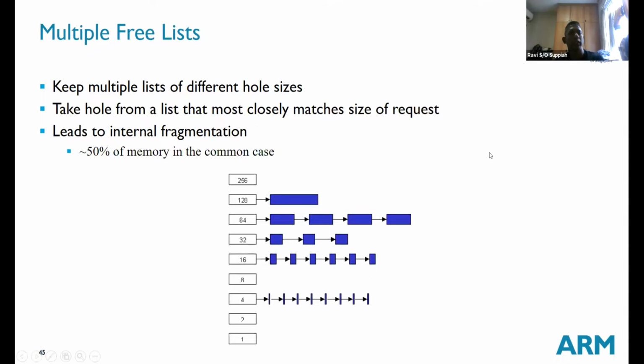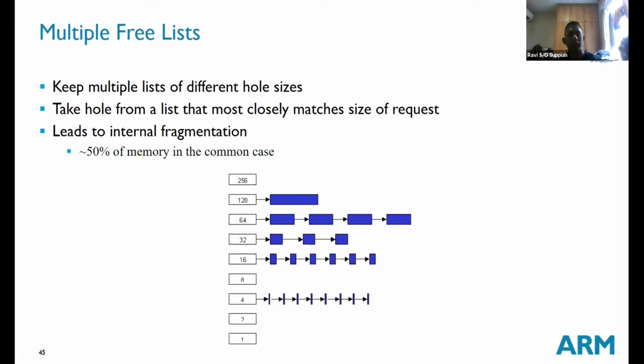What we can do is keep multiple free lists of different hole sizes, and then we compact based on that particular size that matches or the event that happens.